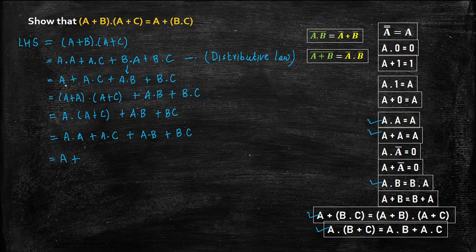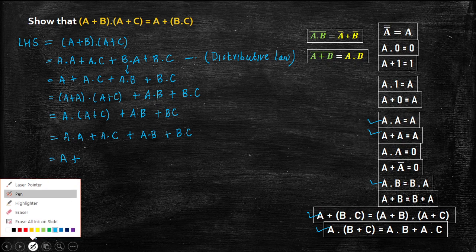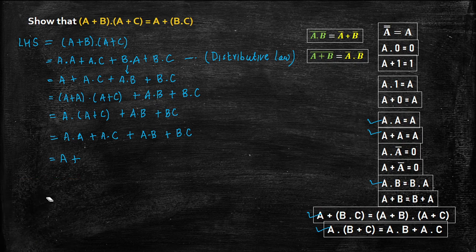The A can be taken common from these two terms and then there will be substitution. Let me erase this. From this step onwards everything must be erased. Yes, this is wrong, everything is wrong.